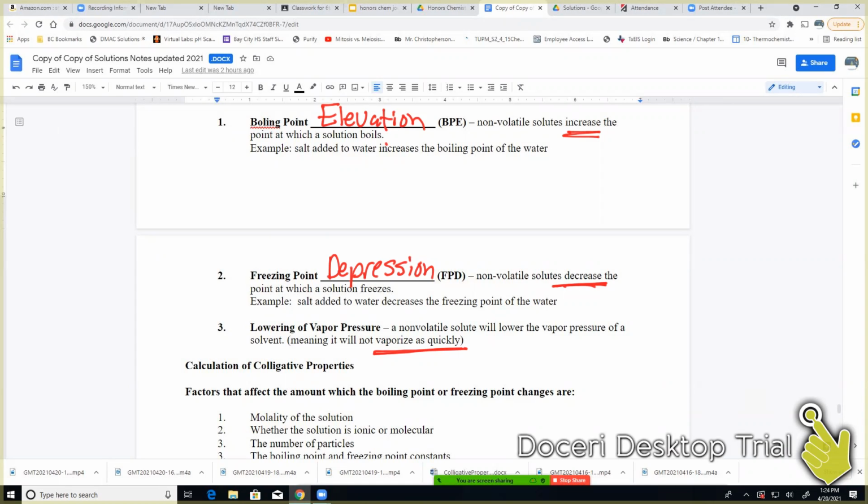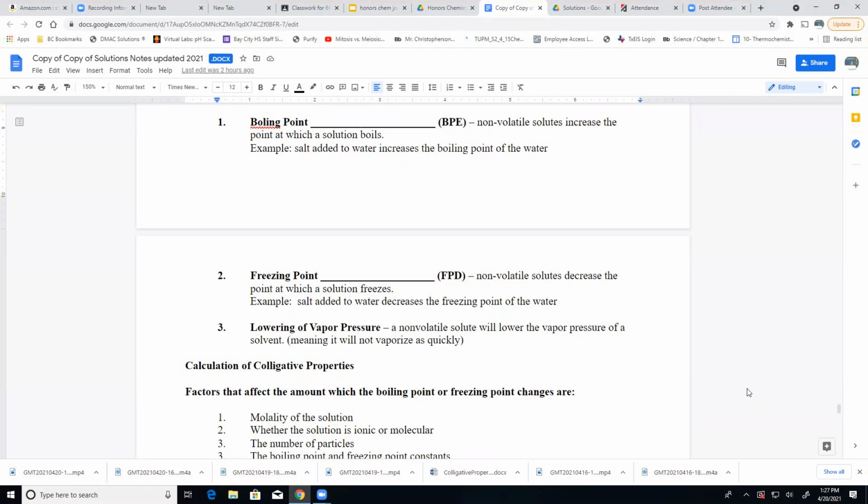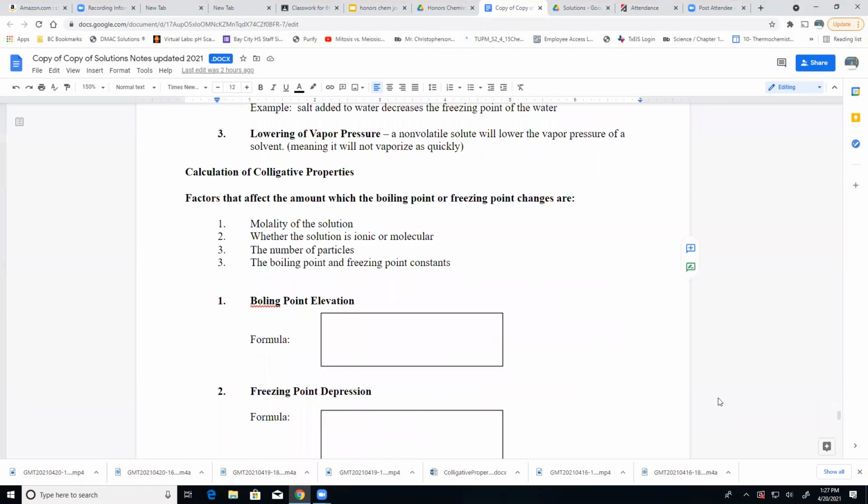If you had some sand in that gasoline when you spilled it, then it's not going to vaporize as quickly. That sand is going to get in the way of the solvent particles, and so it's going to slow down that process. So like I said, we're mainly going to be spending time on those first two and working some problems with those.